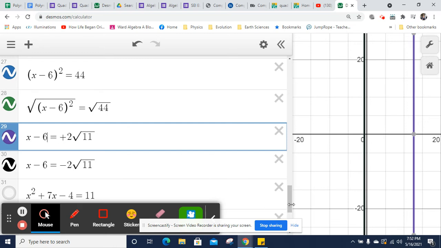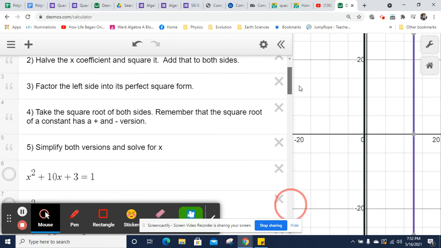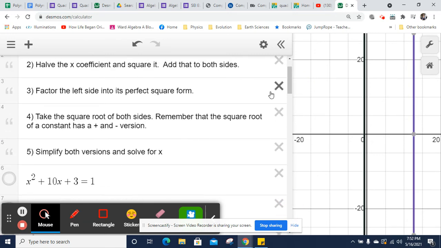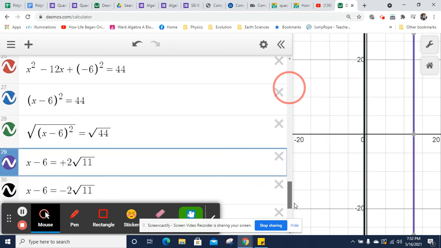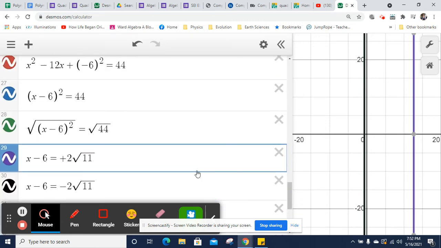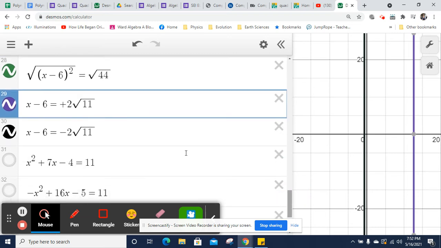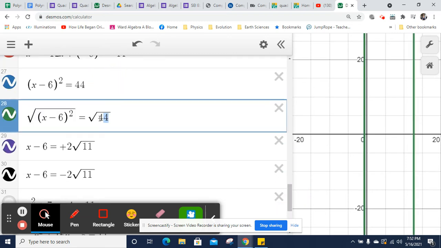So that's my last bit. So my last step, number 5, was to simplify both versions and solve for x. So I have simplified the radical, and just so you know how to simplify a radical, you're just looking for any factors of what's in the radical that are perfect squares. You can pull those out and get square roots of them.